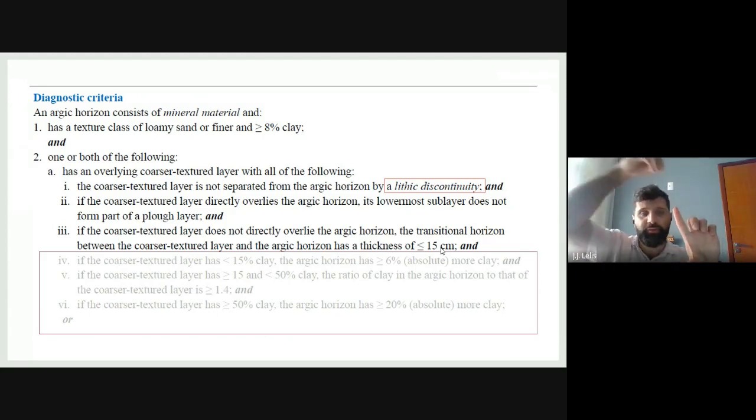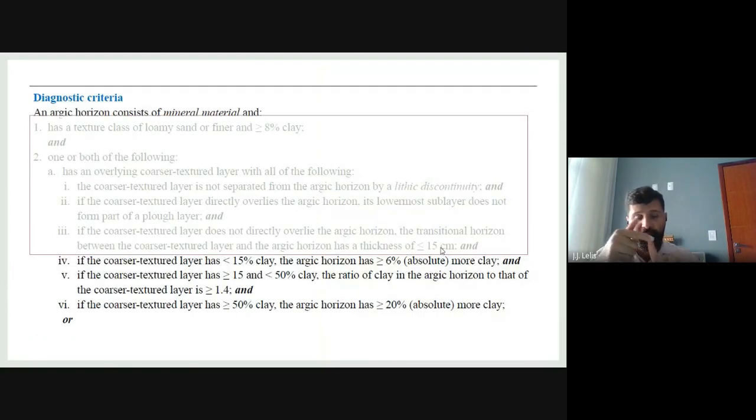I can't use the A horizon because I should compare a variation of texture, a variation of clay content, at a distance equal or lower than 15 centimeters. Okay?